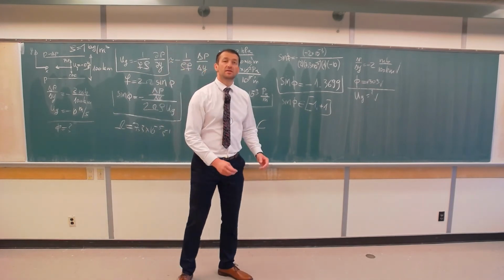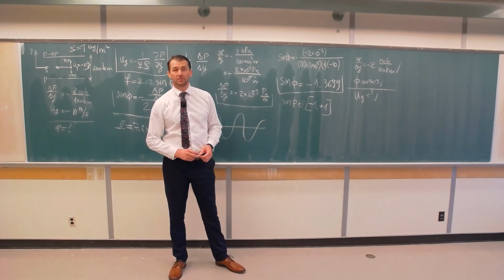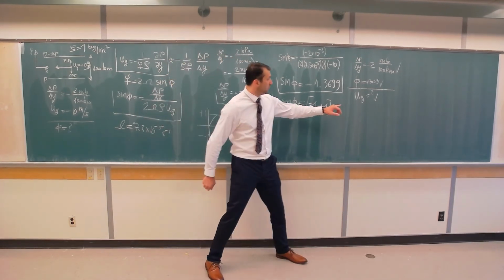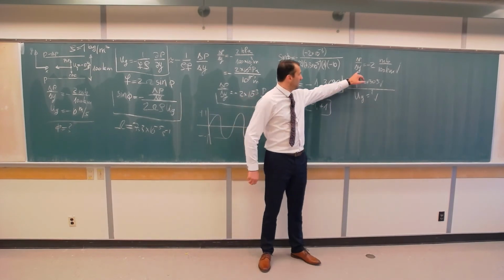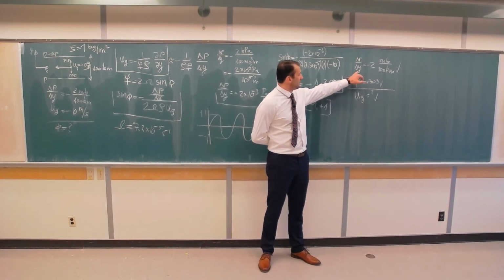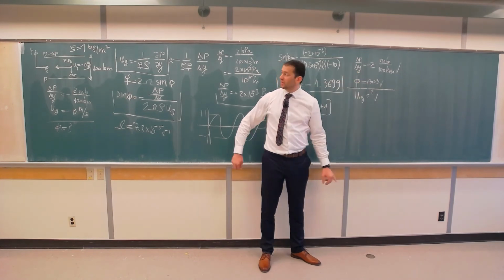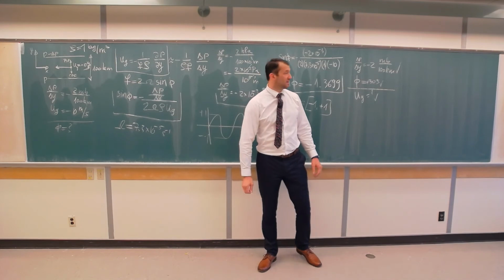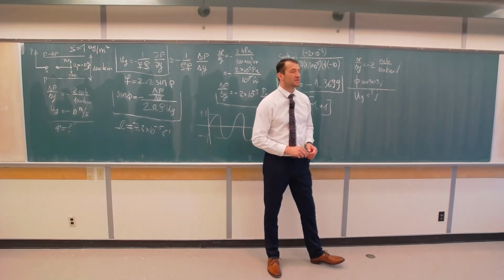So let us immediately introduce part B of this problem to find, for the same setup, what needs to be the highest value of this pressure gradient so that the flow can be balanced. Text is now on your screens.